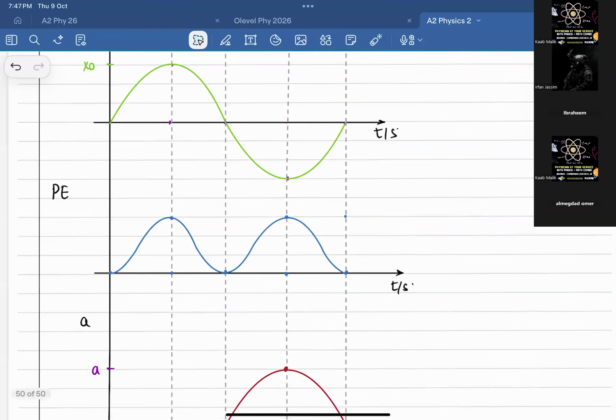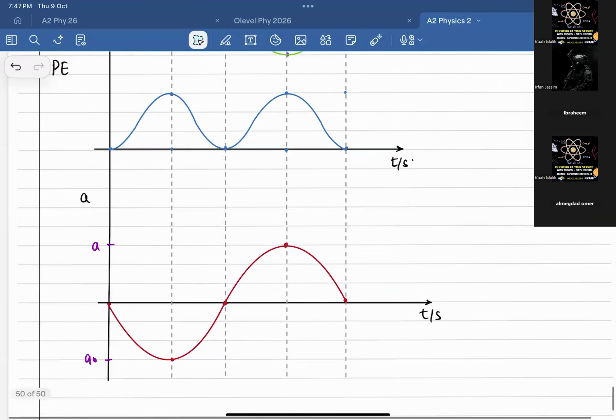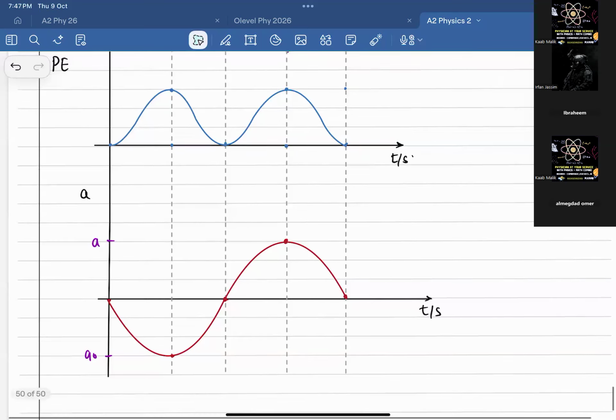It won't get negative because you know that the potential energy is maximum when the displacement is maximum, and it will be zero when the displacement is zero, right? Now, if we draw the kinetic energy graph, we have to consider the velocity time graph first.